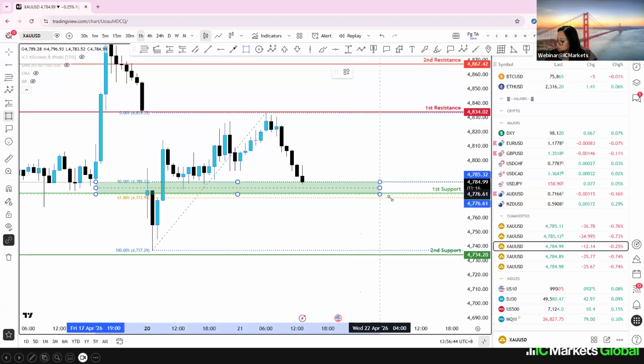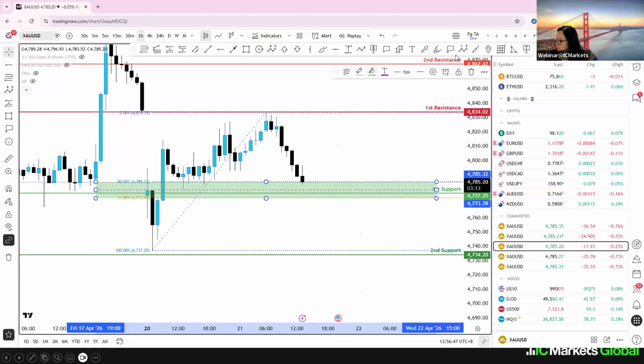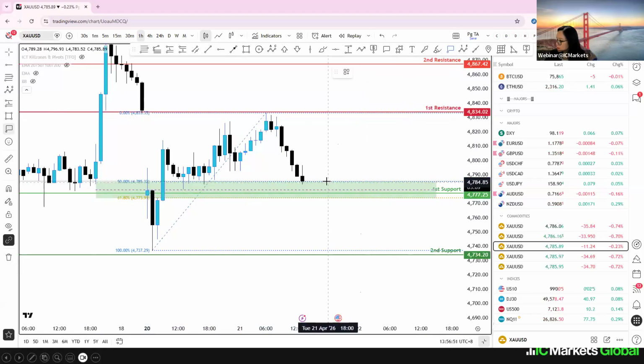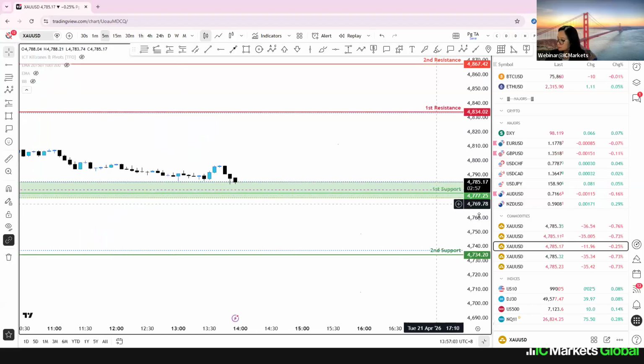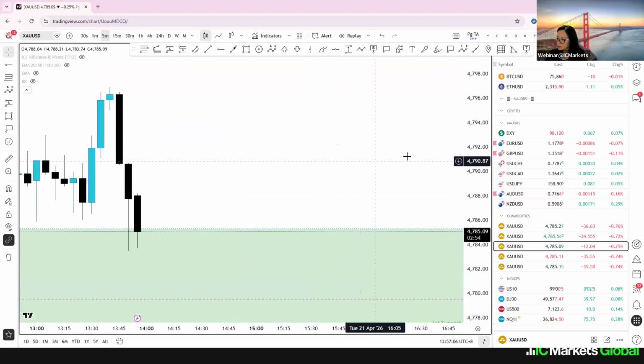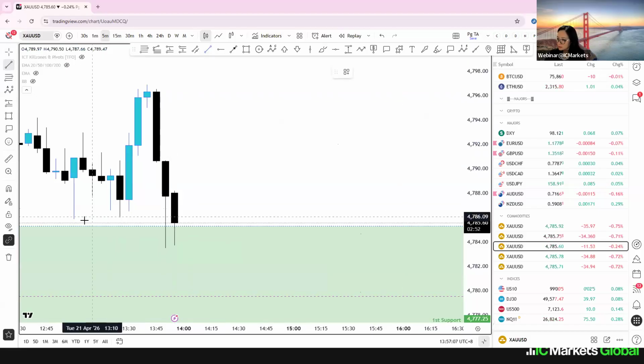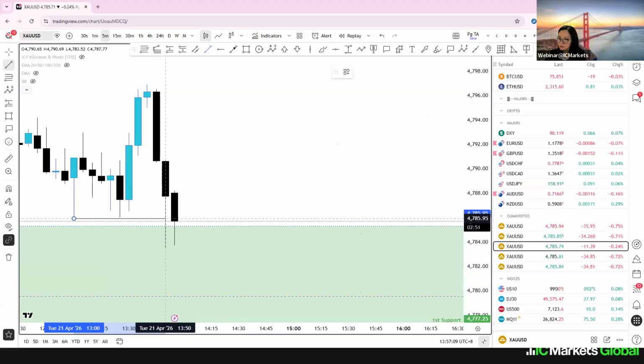I'm going to give you the zones, since this is the zone for us. Entering the zones is almost 100 pips. I'm going to see whether they're going to clear this liquidity.